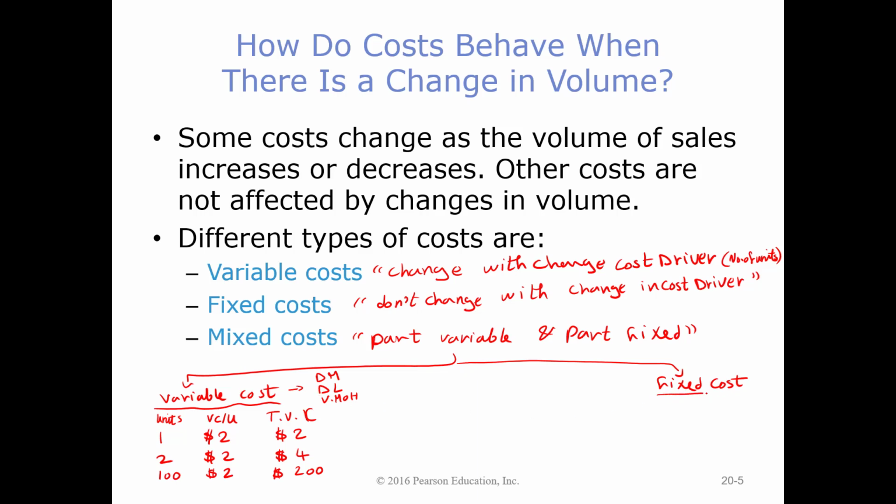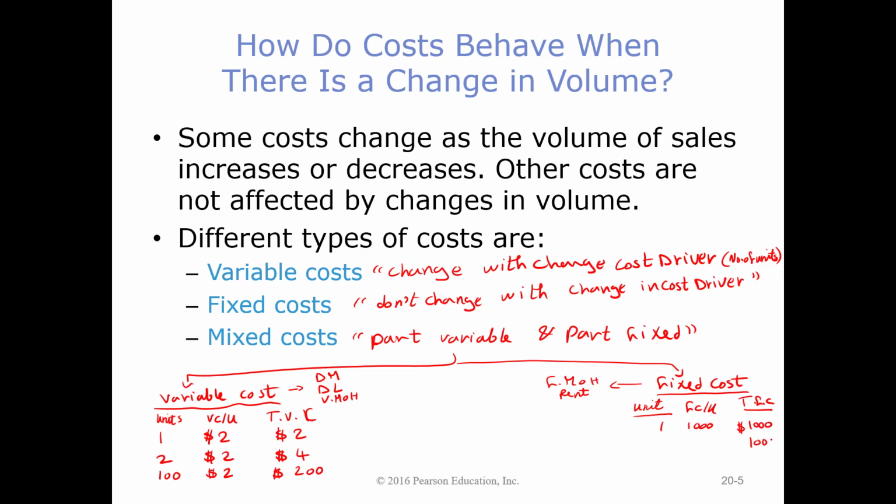On the other hand, we have fixed costs, like fixed manufacturing overhead, like rent, for example. Whenever I'm producing 1 unit and the total fixed cost is 1,000, for example, the fixed cost per unit will be 1,000 because I have only 1 unit and I will load it with all the cost.